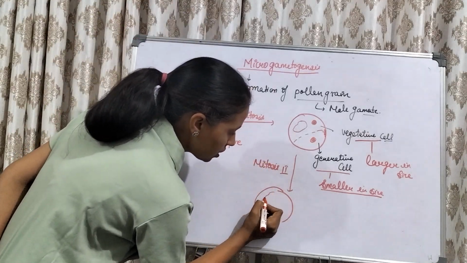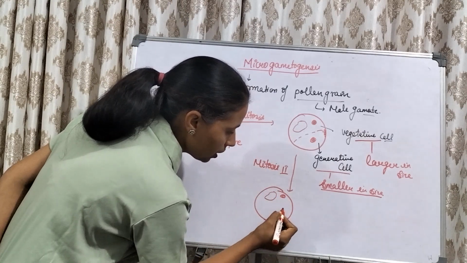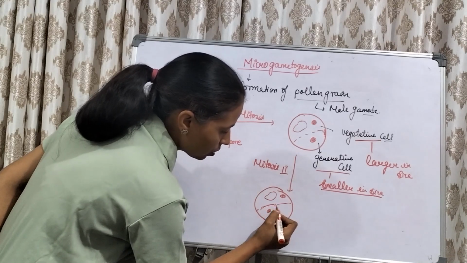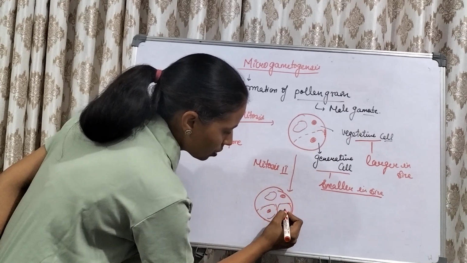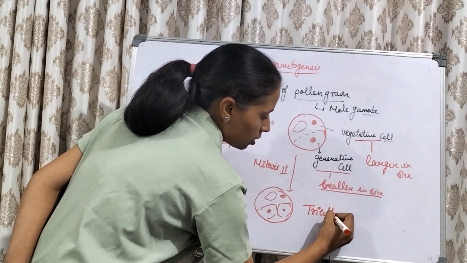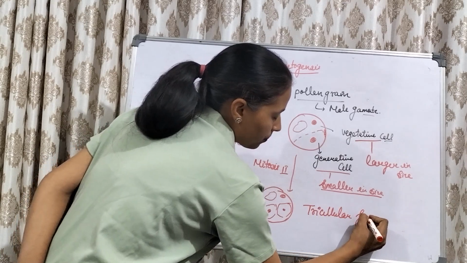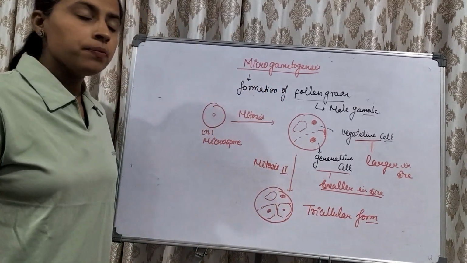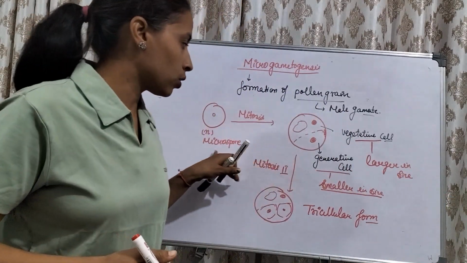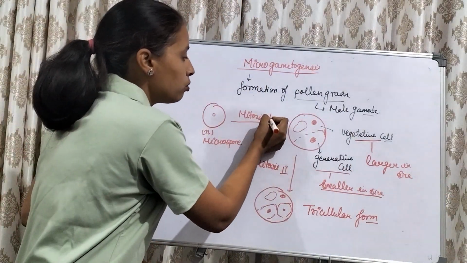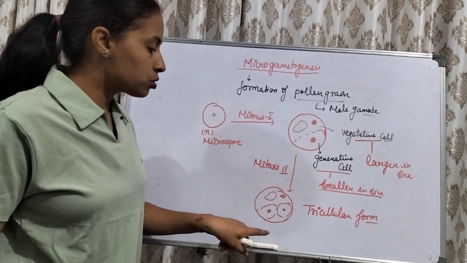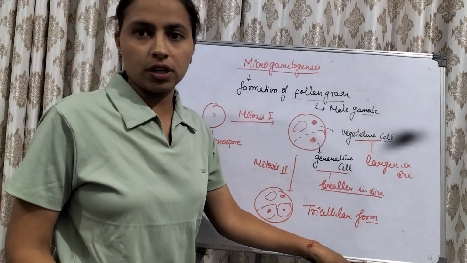The vegetative cell remains the same, but the germinative cell divides into two cells. So it is the tricellular form. Clear? For the formation of a pollen grain from a microspore, we require two mitotic divisions to get the tricellular form.